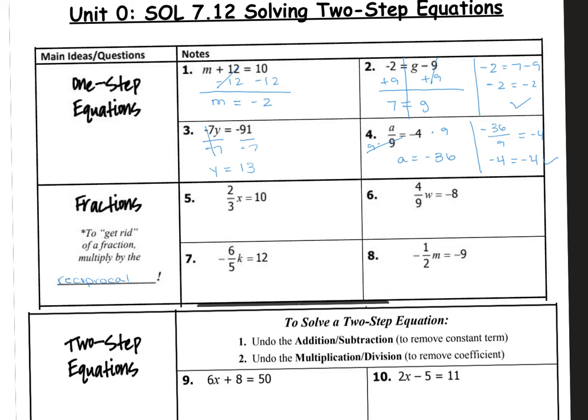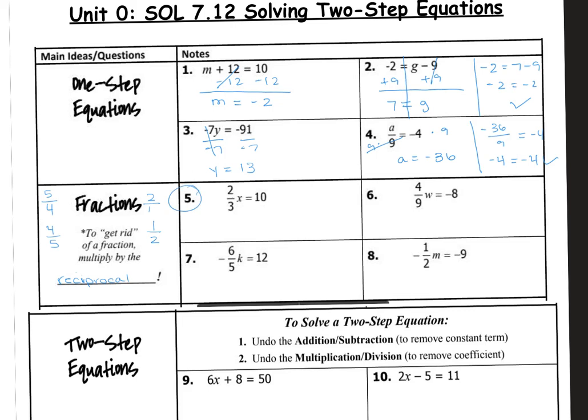So for example, if I have the fraction 5 over 4, the reciprocal is going to be 4 over 5. If I have 2, remember all whole numbers are fractions, they're just over 1. So if I have 2 over 1, the reciprocal of 2 over 1 is going to be 1/2.